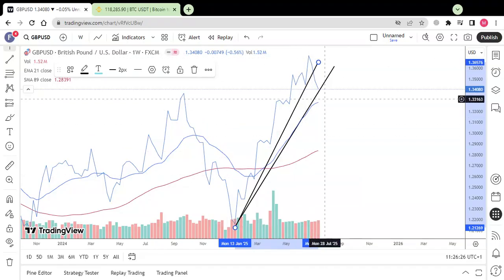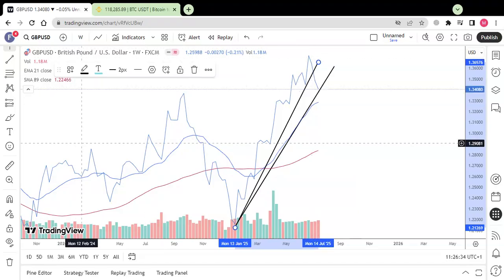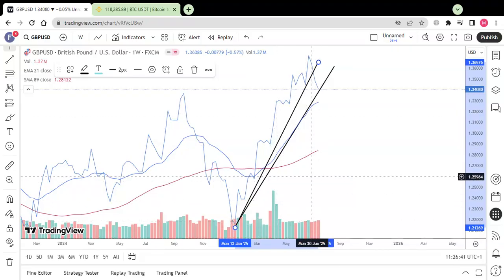It's a confirmation for the change of the trend for me, and I'm going to be bearish in this pair. It's highly correlated with the euro dollar. On the fundamental side, the euro dollar is, I would say, okay. On the pound dollar, I will describe it as very good. All right.